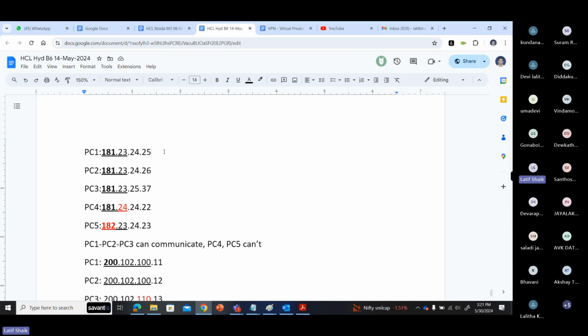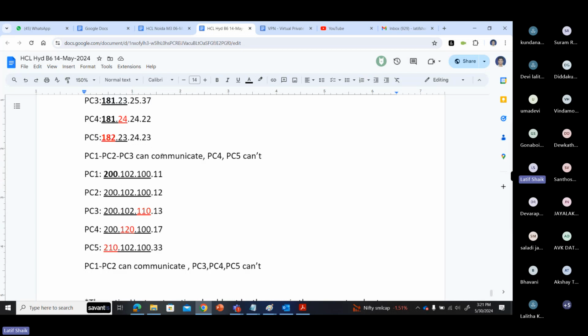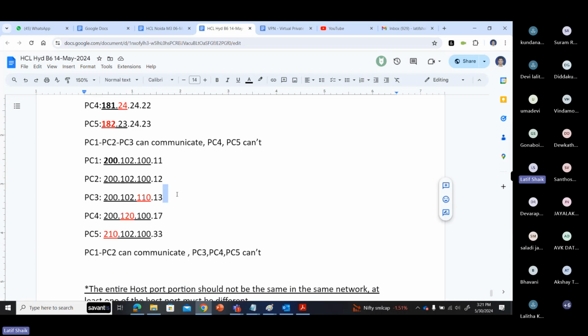PC4 and PC5 are in a different network from PC1, PC2, PC3. This is a class C network, so 200.1.2.100. In PC1 and PC2, the first three portions are the same and the host portion is different. But in PC3, PC4, PC5, there are differences somewhere in the network portions.